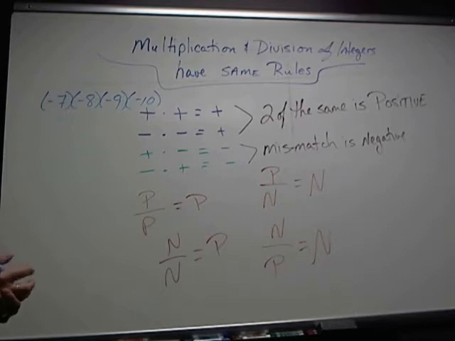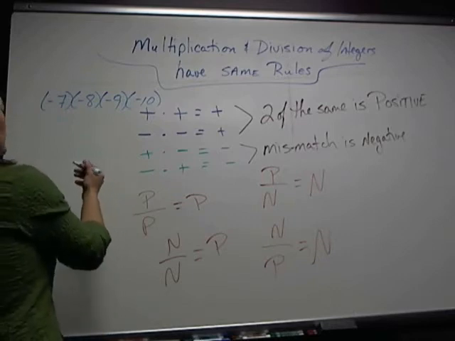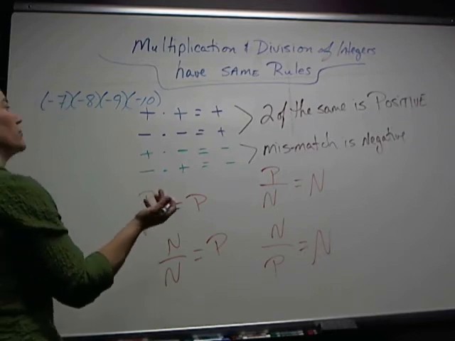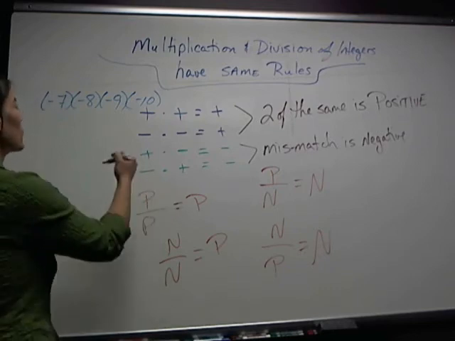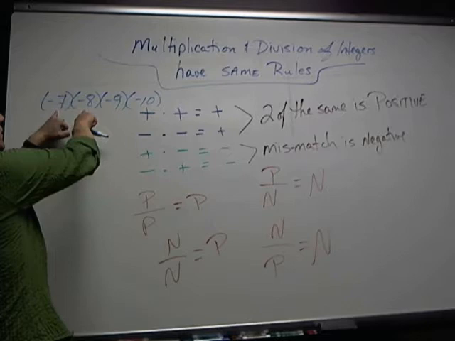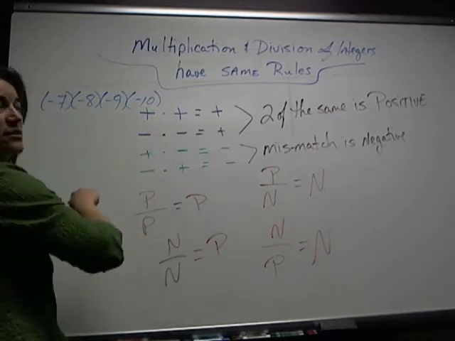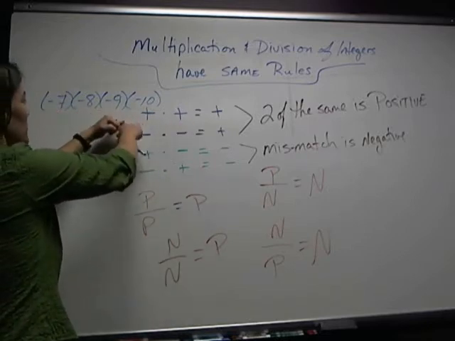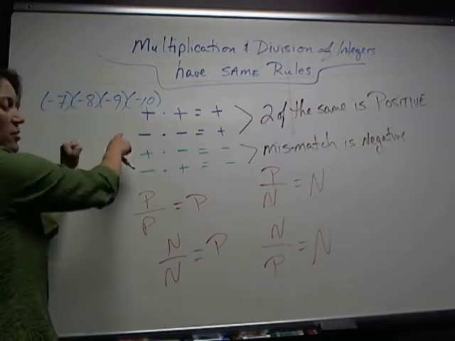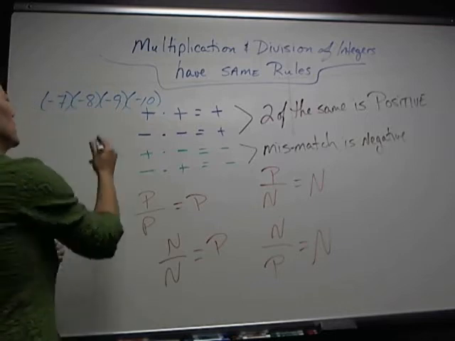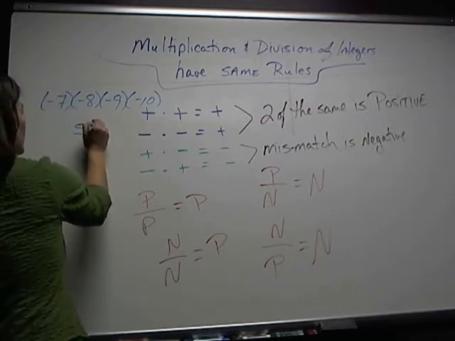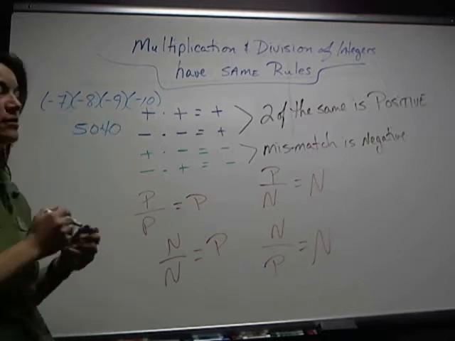An even number of negatives will make your result positive. An odd number of negatives would make your result negative. And the reason for that is every 2 makes a positive. So this would be a positive and this would be a positive. And then you'd have a positive times a positive. So the answer here is a positive 5,040.